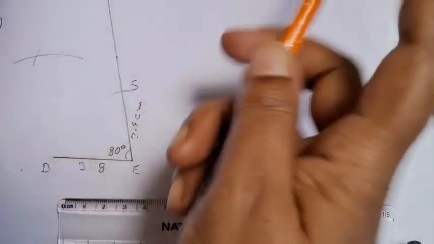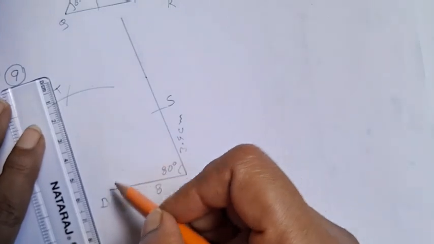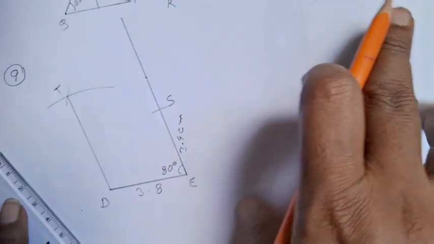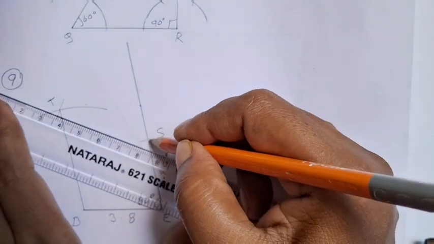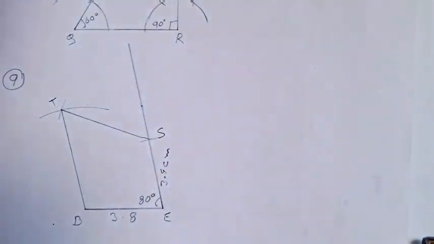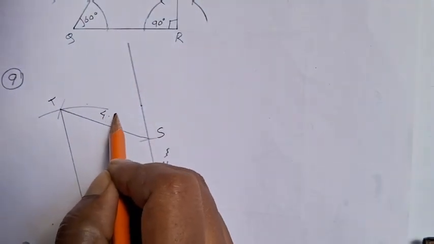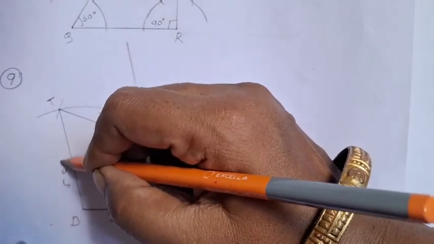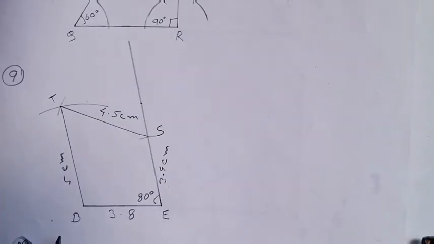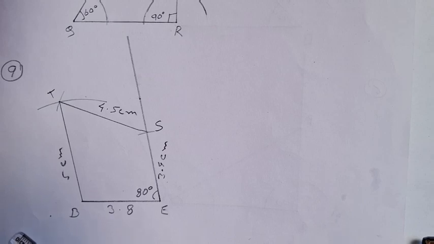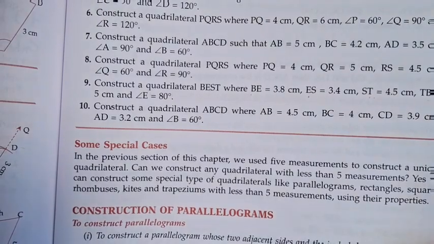This point is T. Now I joined BT and ST. BEST is our required quadrilateral. And now question number 10.